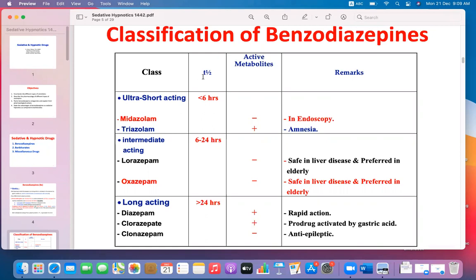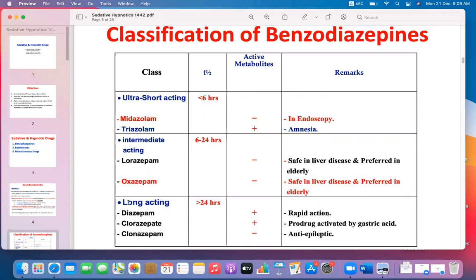T half, T means time, half means 50%: the time required to eliminate 50% of the drug from the body. Intermediate acting has a T half of near about 6 to 24 hours, and examples are lorazepam and oxazepam. The long acting have more than 24 hours T half, and examples are diazepam, clorazepate, and clonazepam.